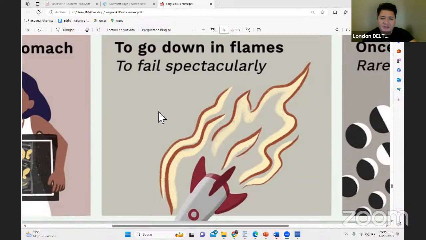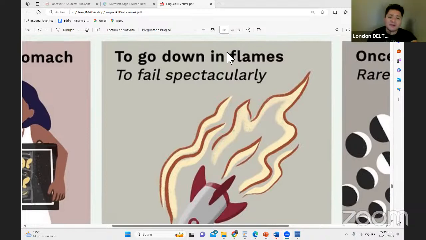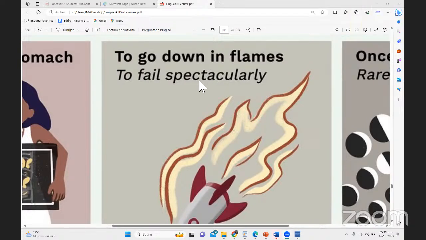Not in this case. Look, to go down, here you have the meaning, right? To go down in flames means to fail spectacularly. You know, fail? Fallar. Yes, spectacularly. So that's the meaning, to go down in flames. So in what situation would you use it?